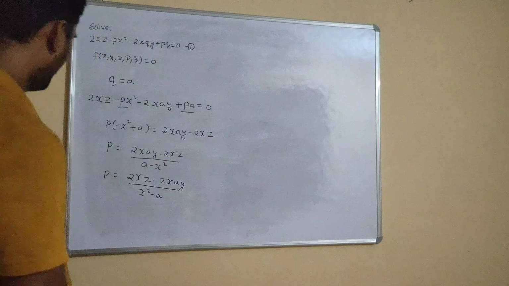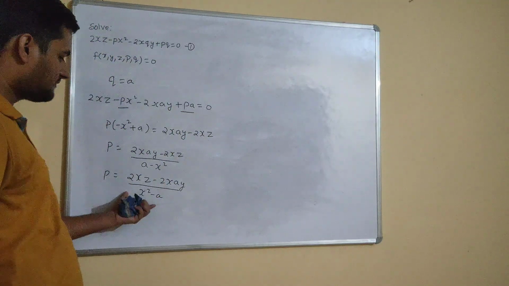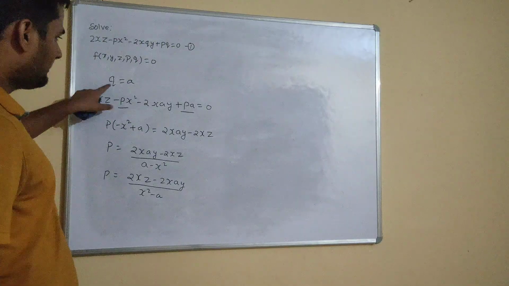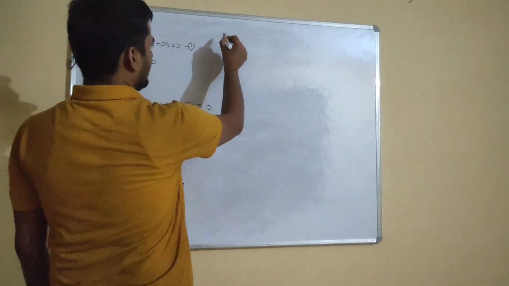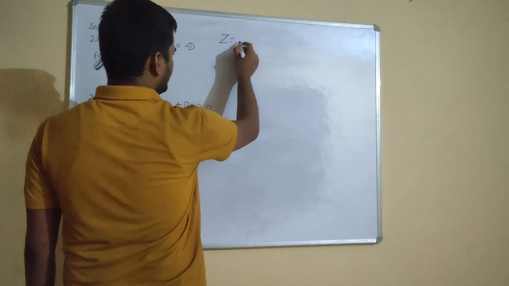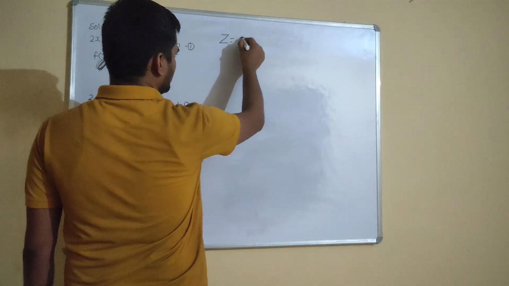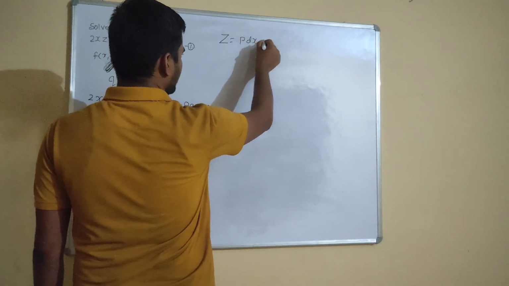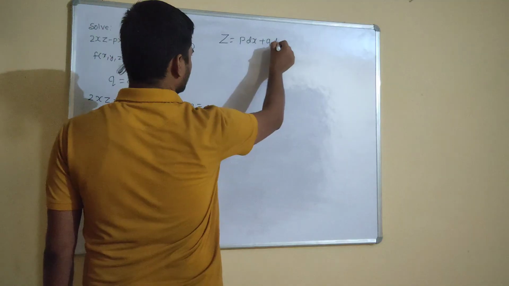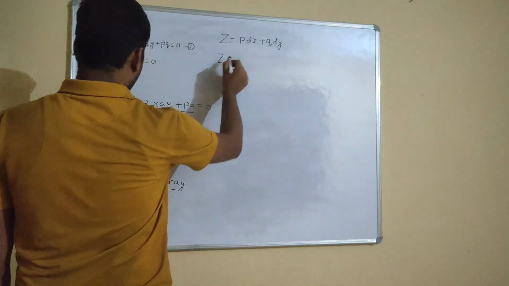Fine. So you have got the value of p, which is entirely in terms of x, y, z. You have got the value of q. Now this famous equation, because z is a function of x and y, so this p dx plus q dy. Now z equals to, what is your p?